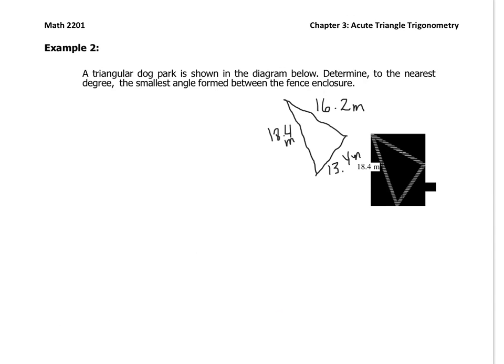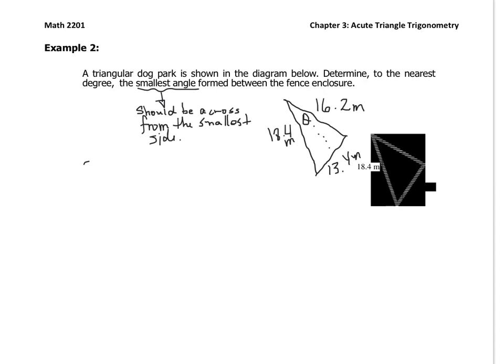So when we're looking for the smallest angle, it should be across from the smallest side. And the largest angle would be across from the largest side, and so on. So the smallest angle would be this one right here, because it's across from 13.4, the smallest side.